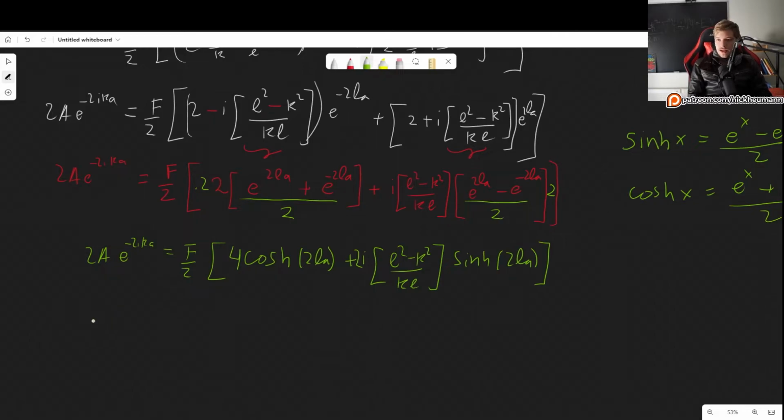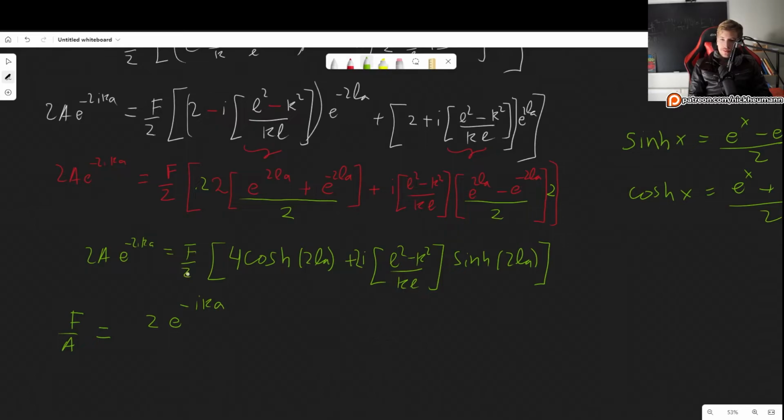So now let's go for f over a. Let's not square it just yet. So let's begin with f over a. We have to isolate this. So we take the a to this side, and thus on the left side we get 2 e to the minus iKa.